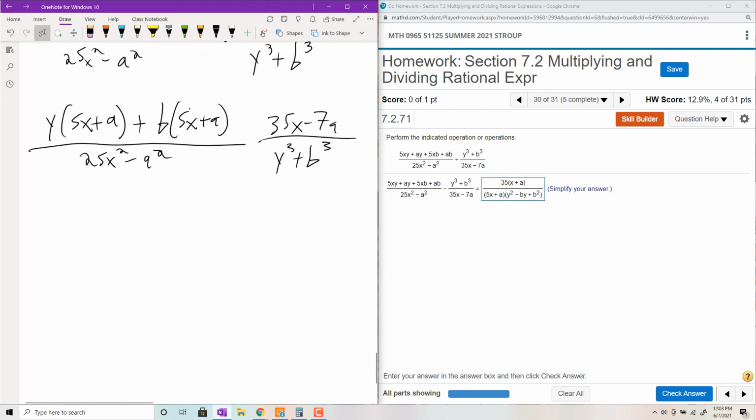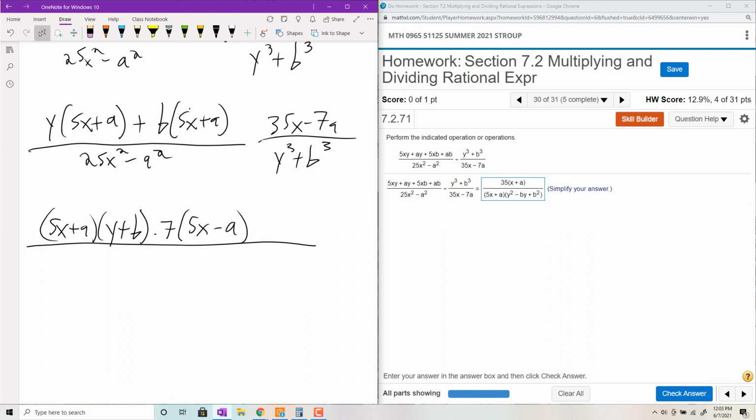So the first two terms you can factor out the 5x plus a, and you'll be left with y plus b. Then factor out a 7 from the next portion, so you get 5x minus a. Downstairs, 5x minus a, 5x plus a, difference of squares.